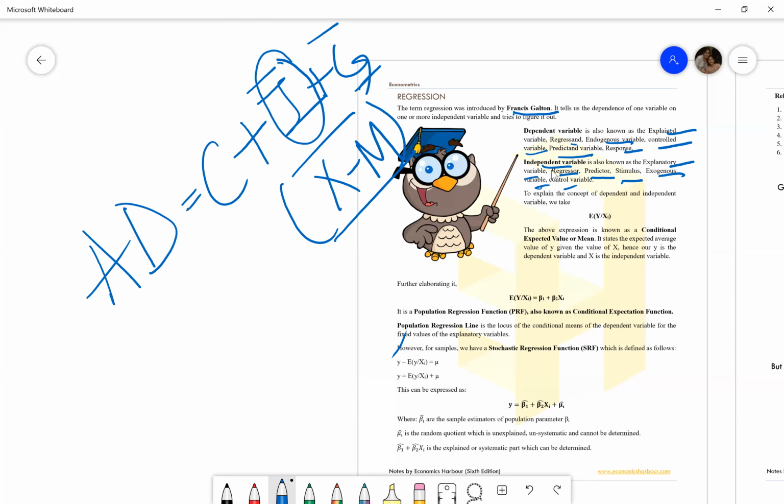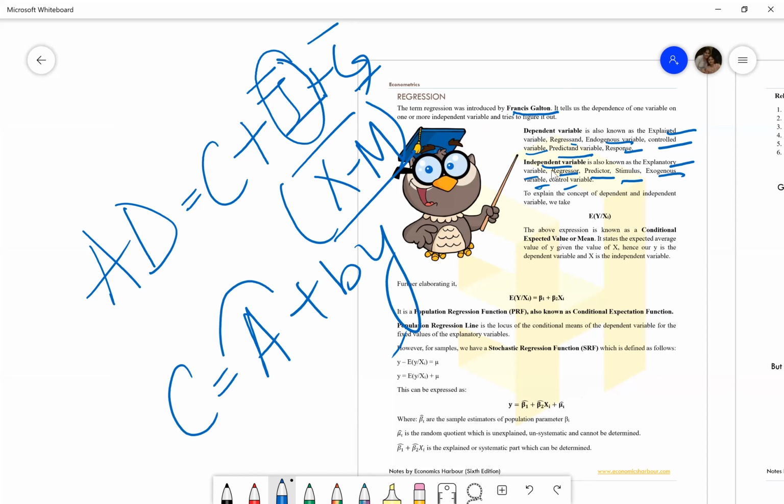Similarly, we've done like say C is equal to A plus BY. We had this exogenous variable autonomous consumption, which was independent in nature and which was not determined from within the model. Similarly, we had income level, which was an independent variable and which was not determined from within the model.